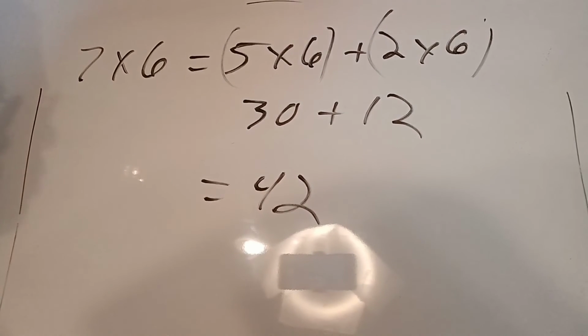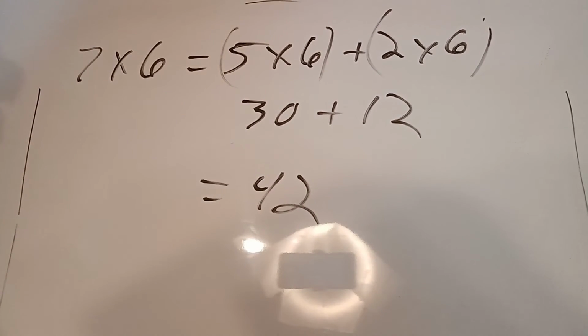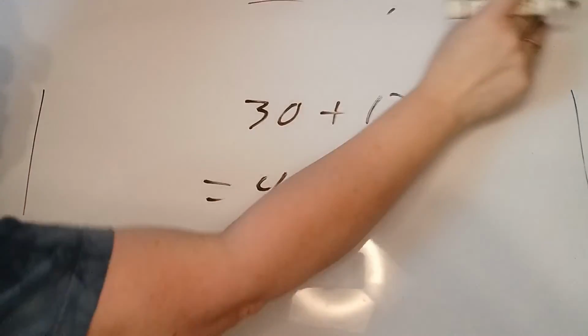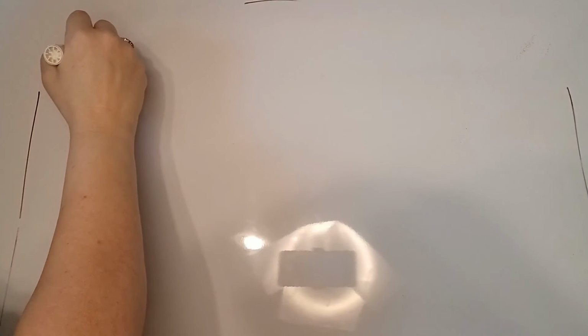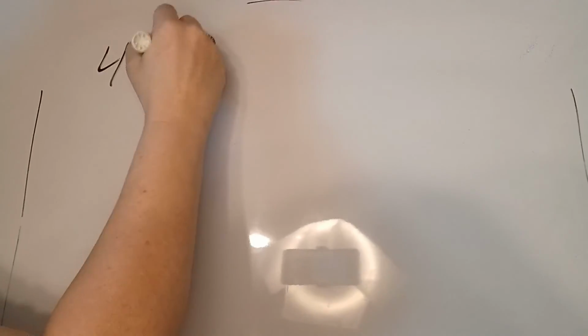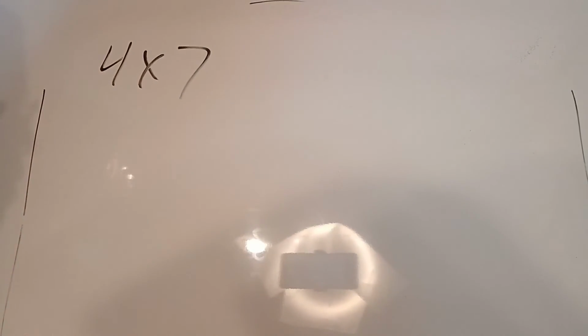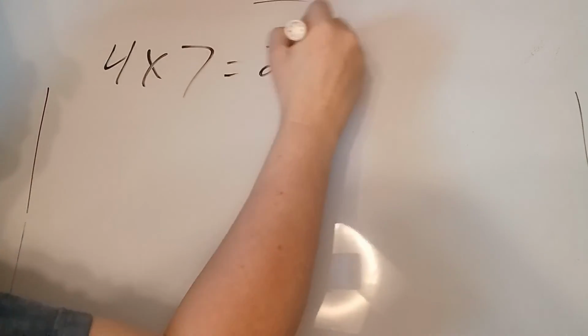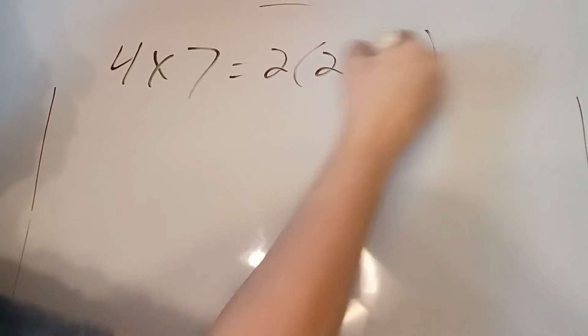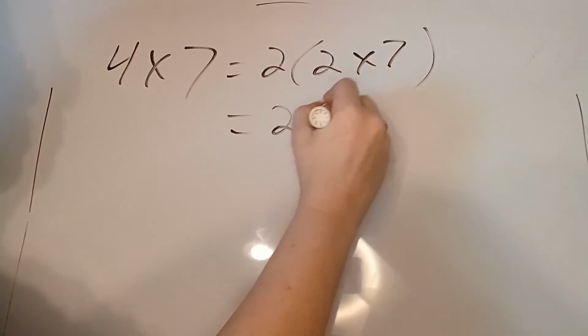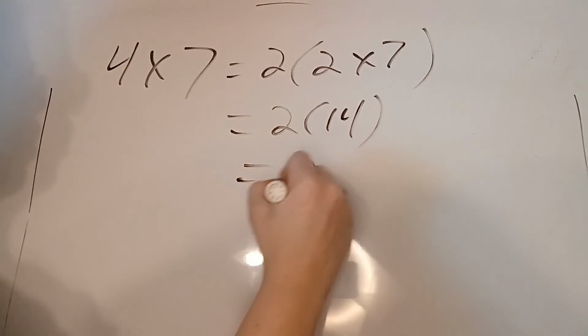So it's 42. Let's do 4 times 7. What we've got here is 2 times 2 times 7. That's 2 times 14, which is 28.